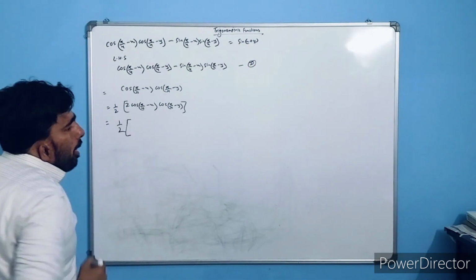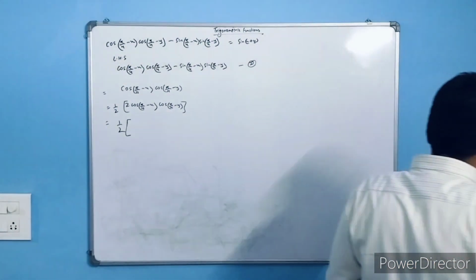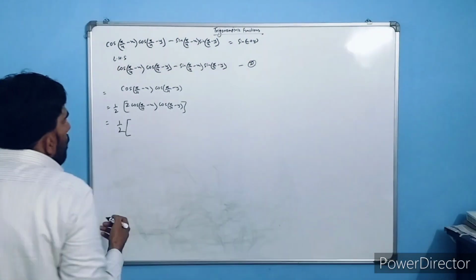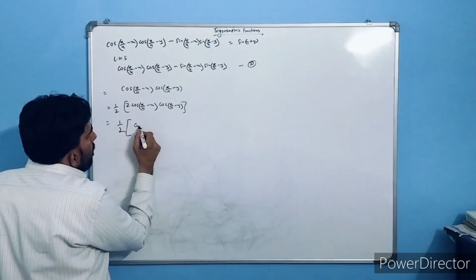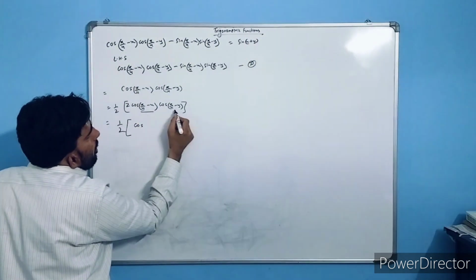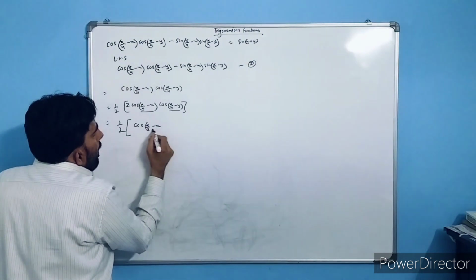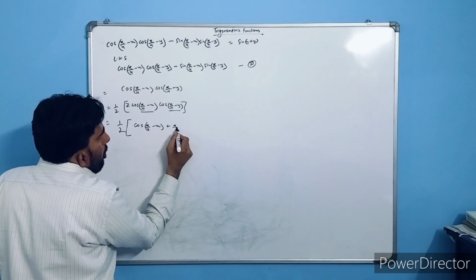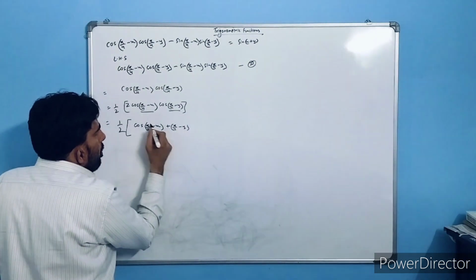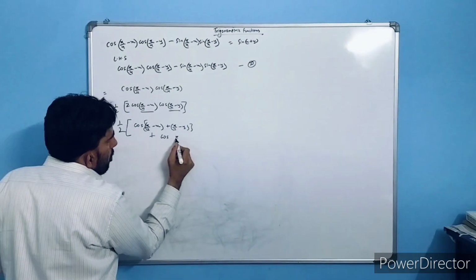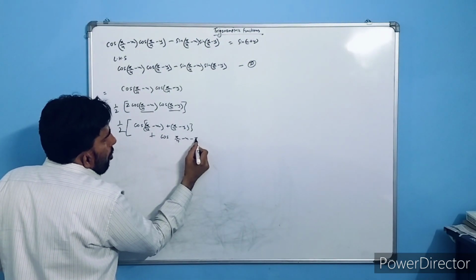That is, 2 cos x cos y, we'll write it here, cos (x plus y) plus cos (x minus y). Here x is this, y is this. So cos (x plus y), okay, plus cos (x minus y).